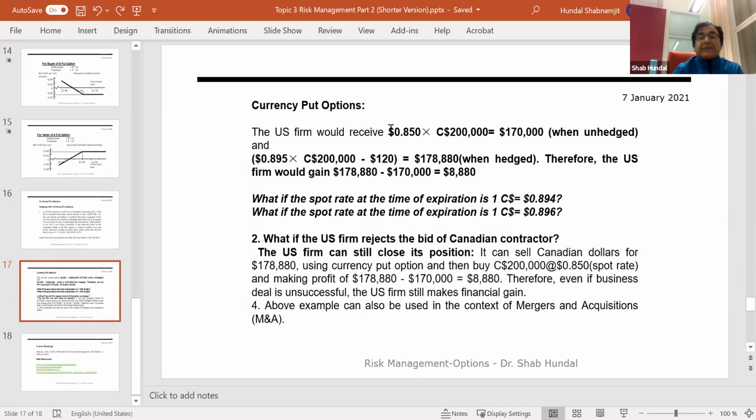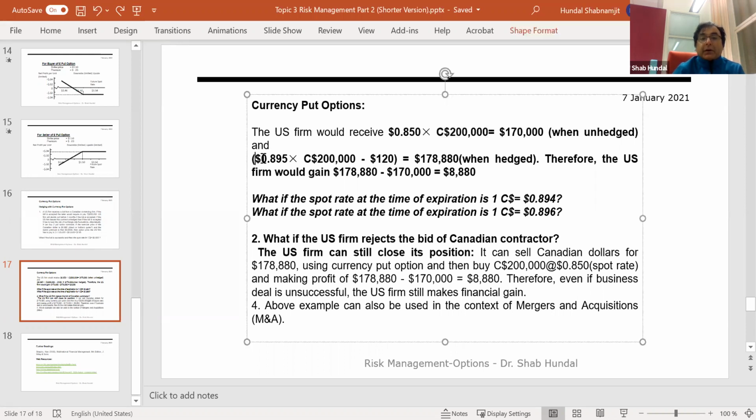If you were unhedged, or what we use as a naked strategy, you would have got 170,000 American dollars by selling a company worth 200,000 Canadian dollars.